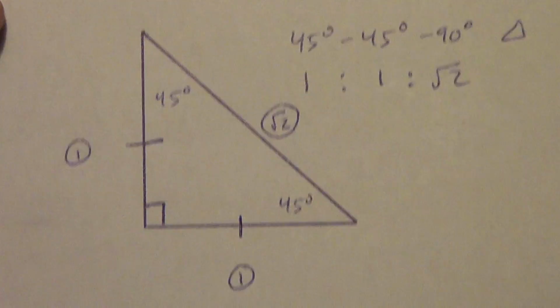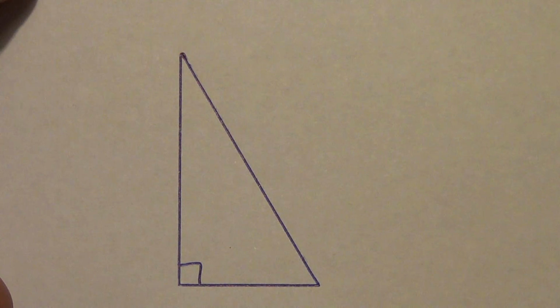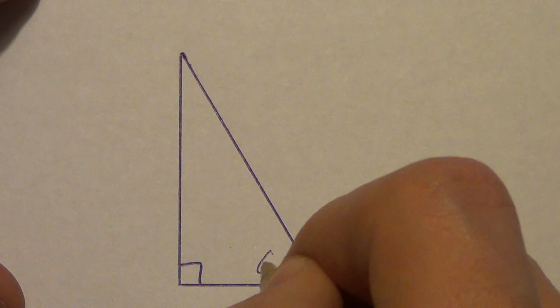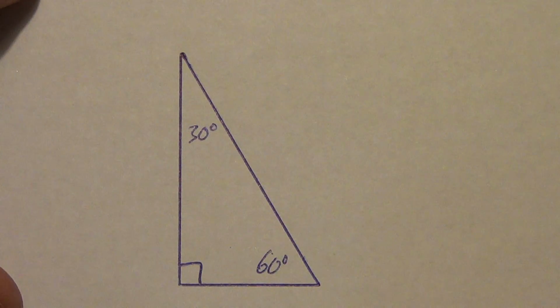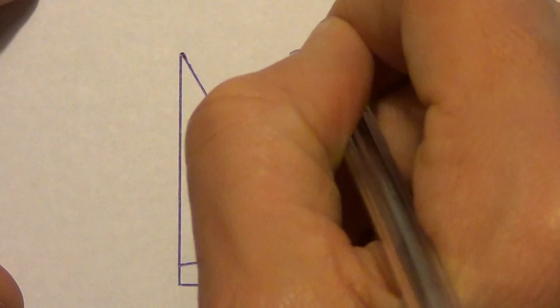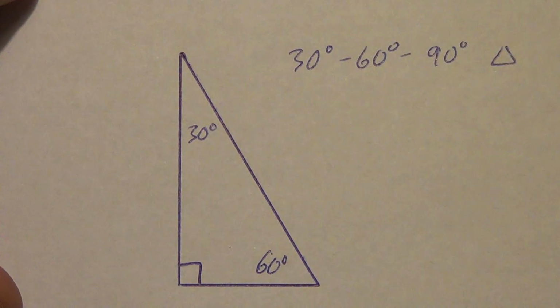Alright, so let's look at the other triangle. This started off as an equilateral triangle, equilateral as in 60, 60, and 60 degrees, but we dropped the altitude down to form 90 degrees. So this one here is 60. This one up here ends up being 30. This is a 30, 60, 90 triangle.